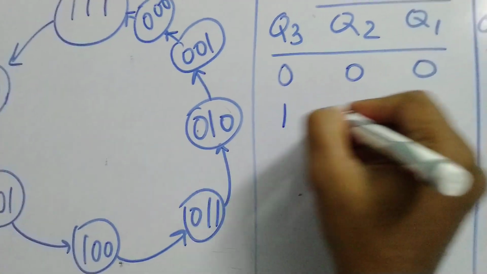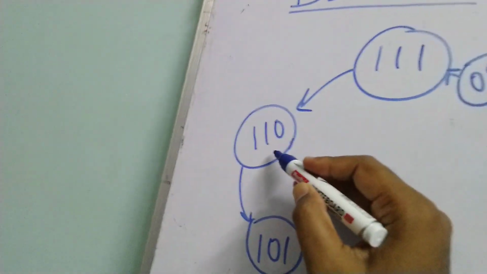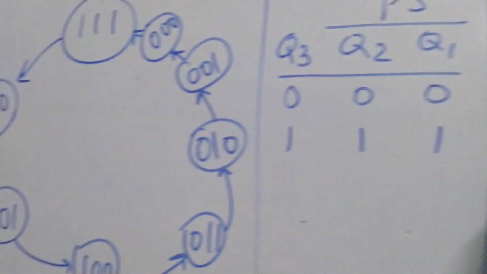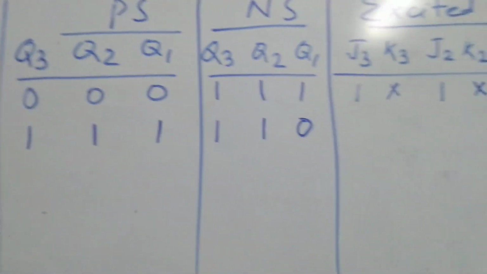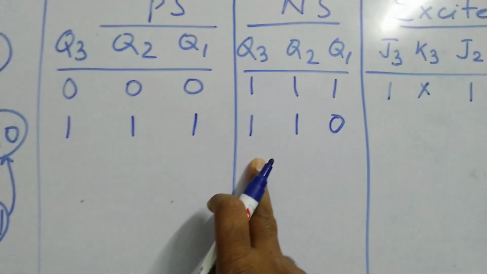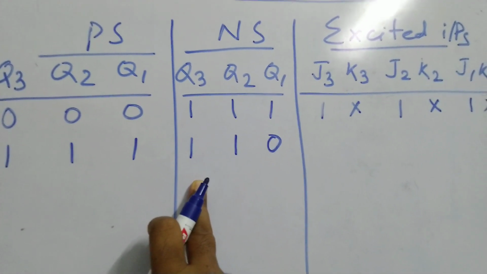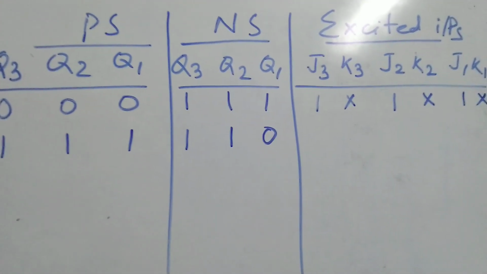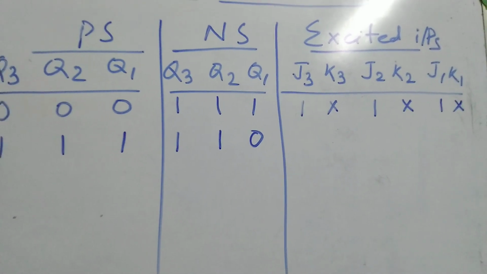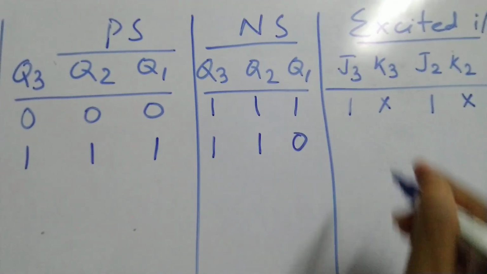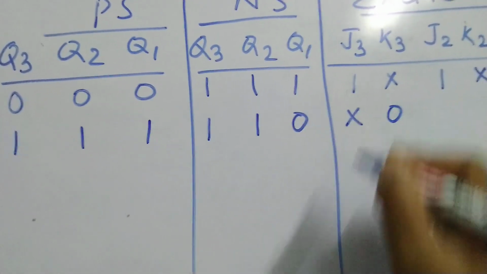Now 1 1 1 is present state and next state will be 1 1 0. So 1 to 1 conversion, present state is 1 and next state is 1. It is possible when J K is 1 0 and 0 0... so we may write J is don't care, K is 0.